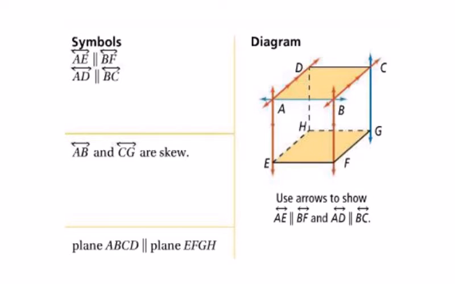All right, so as we've seen in geometry, we know that symbols are important. So let's discuss some symbols in terms of parallel lines. The double vertical bar denotes parallel.